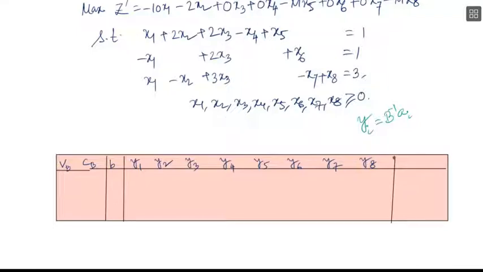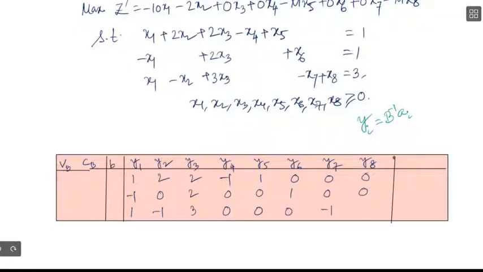First we put the coefficient matrix: 1, 2, 2, -1, 1, 0, 0, 0; -1, 0, 2, 0, 0, 1, 0, 0; 1, -1, 3, 0, 0, 0, -1, 1, and next we put the right hand side vector 1, 1, 3.